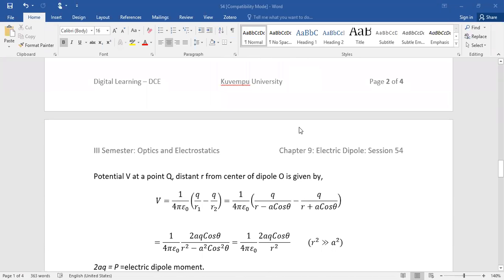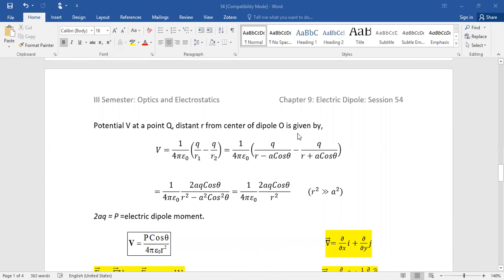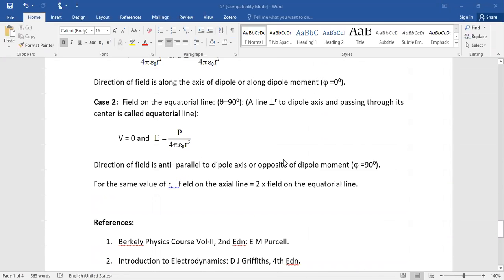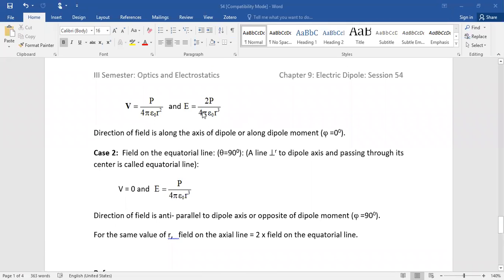When you consider the electric field, you must think of the direction also, magnitude as well as direction. It is a vector quantity. How much is the field and in which direction is it pointing? We have to note both things. And one more point. This is the field on the axial line.